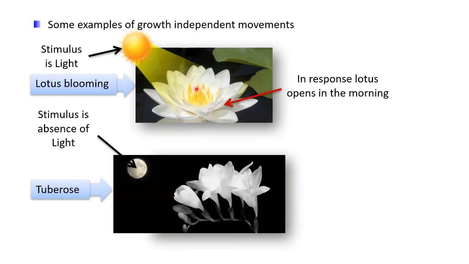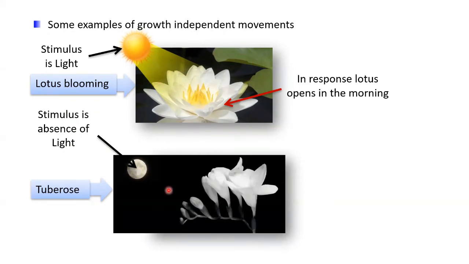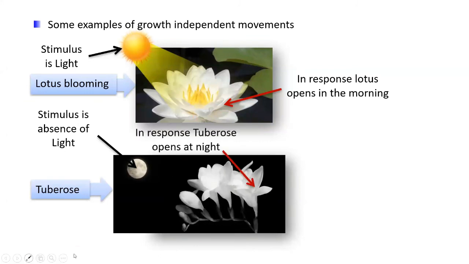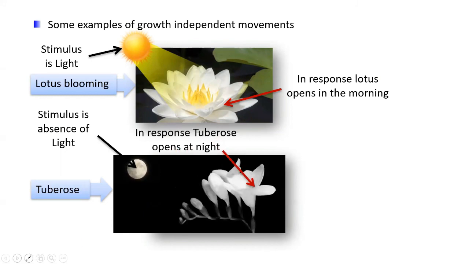So over here, lotus blooms in the presence of sunlight. When you talk about tuberose, they bloom in absence of sunlight. So even if the stimulus is the same, different species tend to respond differently. That is the idea that I want to tell you in this slide. So tuberose opens at night. Okay, fine. I hope you have understood it well.